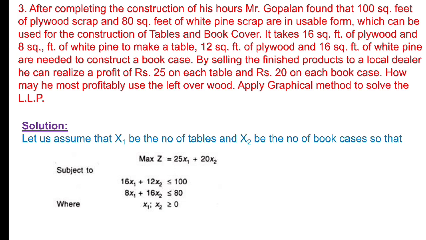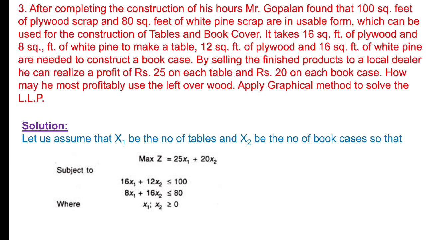Now the conditions are what is given here. For plywood, the first product uses 16 square feet and the second uses 12, so 16x1 plus 12x2 is less than or equal to 100 square feet available. Now for the white pine, 80 square feet is available.